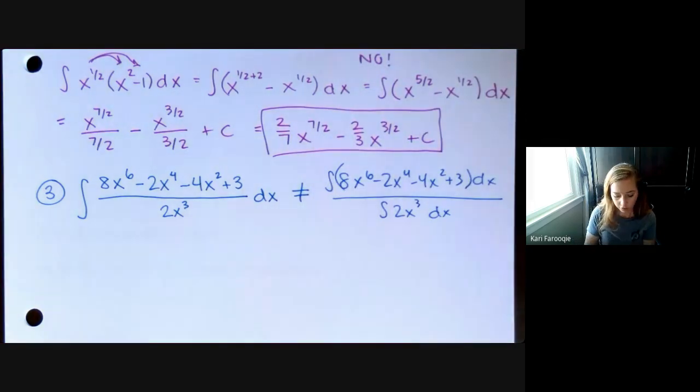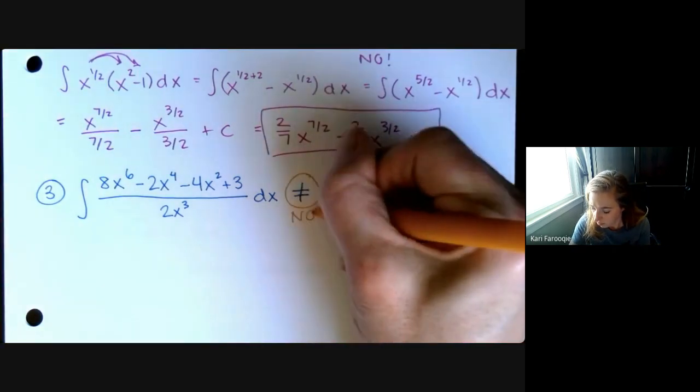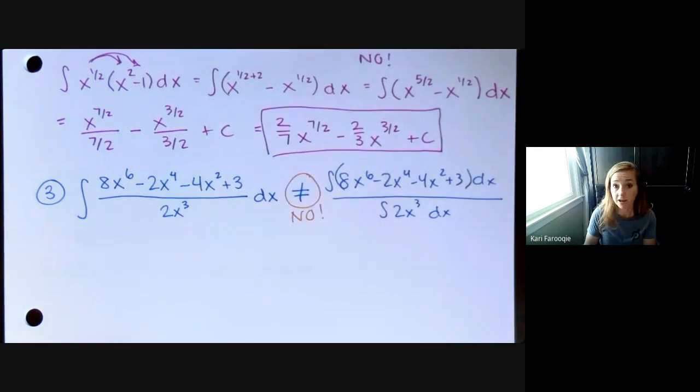This is a big no. Does not equal. No. You cannot do that. You cannot just integrate the numerator and divide it by the integral of the denominator. Don't do it. Okay. So let's go ahead and simplify.